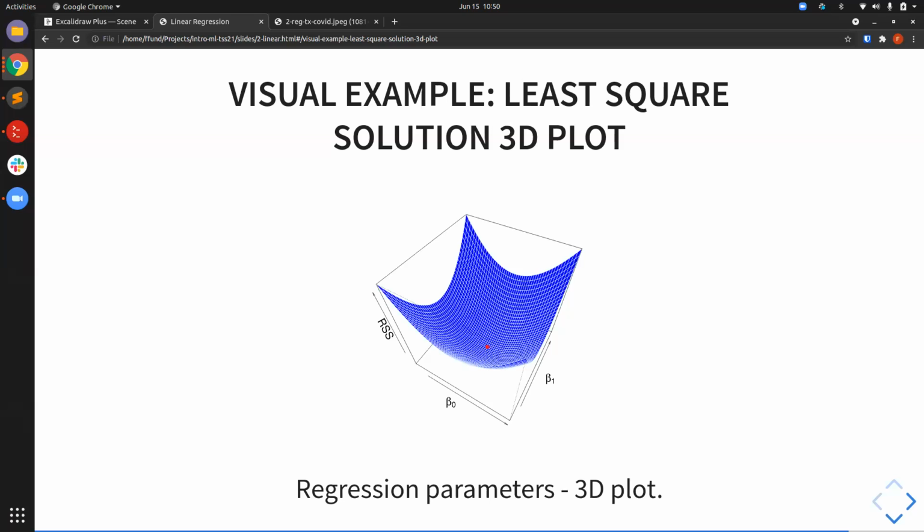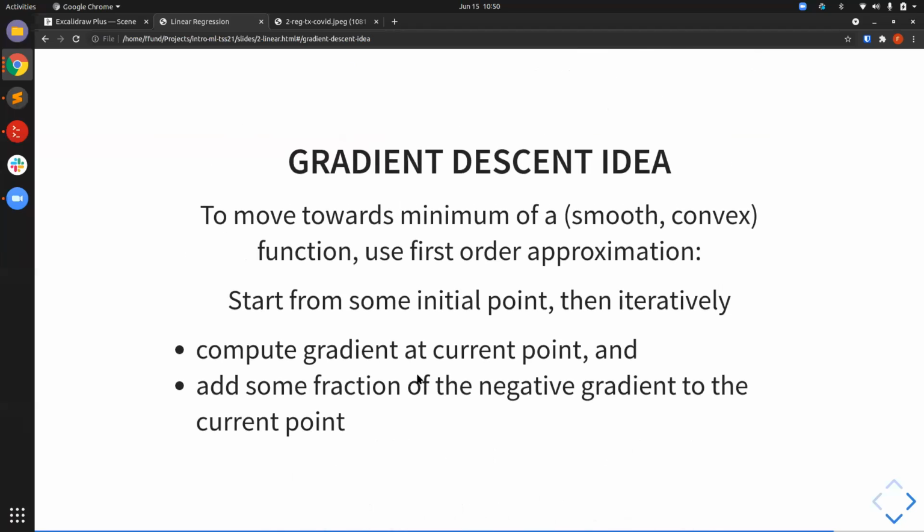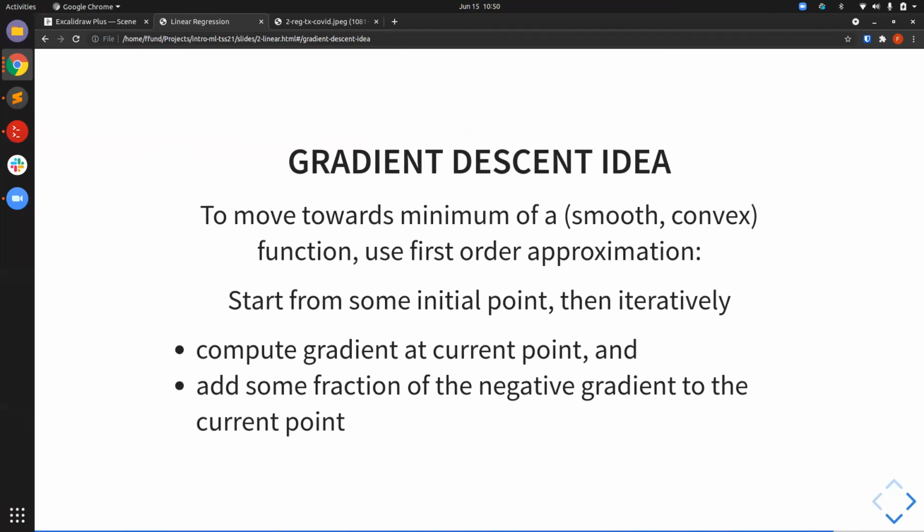The idea of gradient descent is to use this second characteristic of the gradient, that it points in the direction of steepest increase in the loss function. Once you know where the loss function increases, well, you don't want the loss function to increase, you want it to decrease. So we're going to find the gradient and then go in the opposite direction. This is called gradient descent.